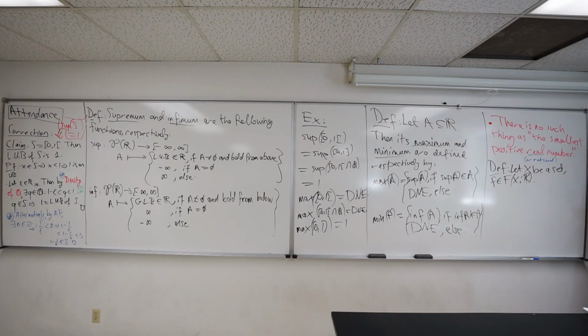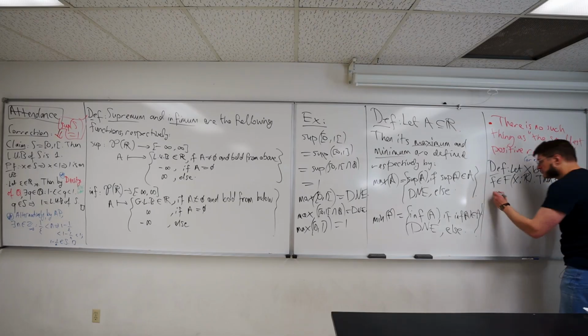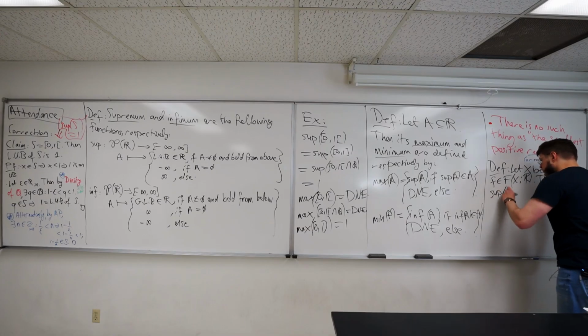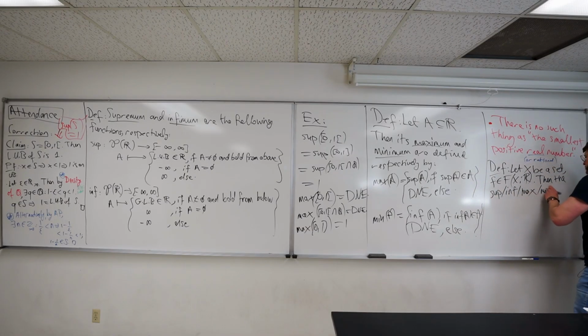Then I'm going to define the sup, inf, max, and min of f in terms of its image. The sup, inf, max, min of f are defined as those of its image.